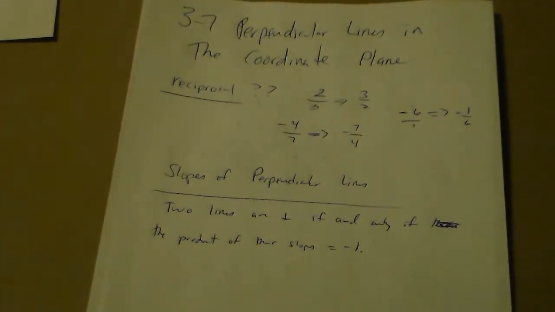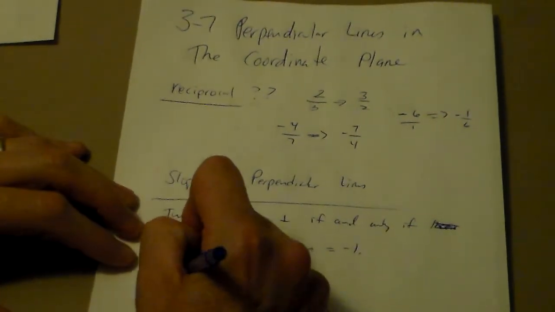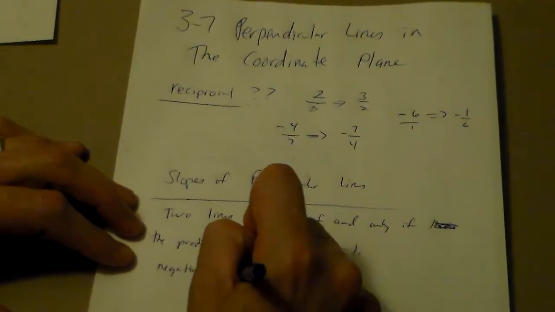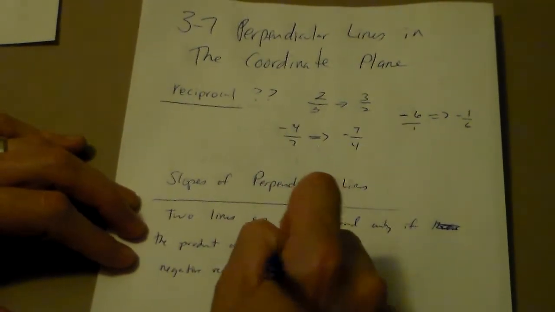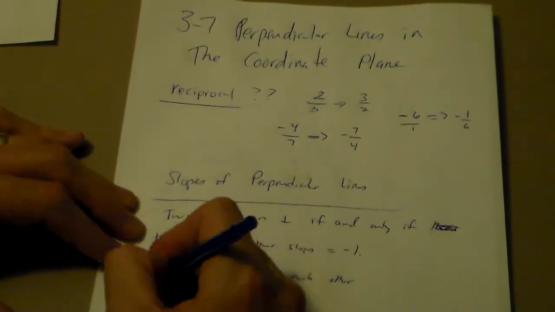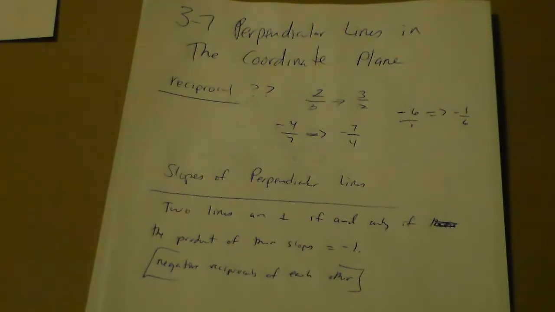Okay, so what does that mean? It means that they have to be negative reciprocals of each other. If you have two slopes that are negative reciprocals of each other, then the lines are perpendicular.